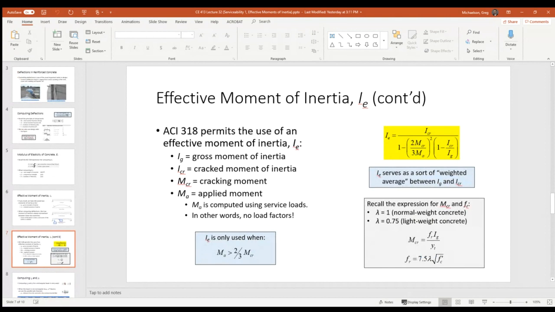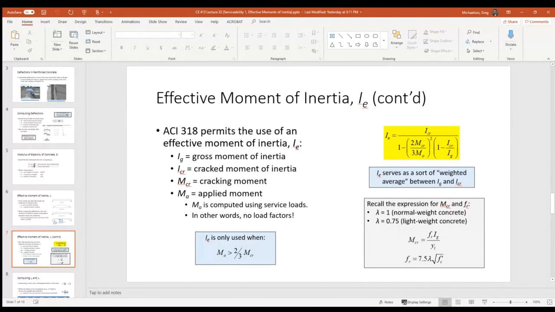And so ACI allows us to use a plug and chug expression called the effective moment of inertia. Now, this yellow box here, that's the formula for the effective moment of inertia. I will go ahead and tell you that if any of you have friends who took this class last year and you've got their notes, this formula is completely different. ACI released a new specification in 2019, and this is the new formula for the effective moment of inertia.